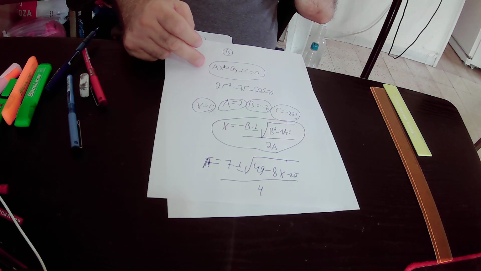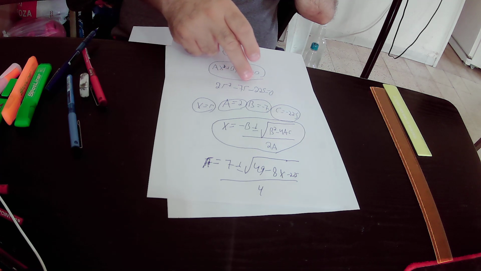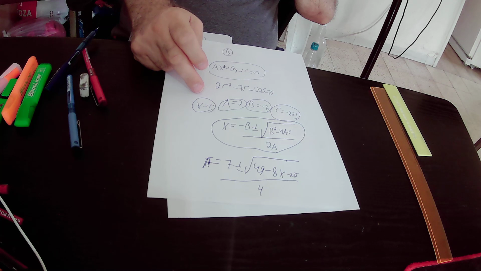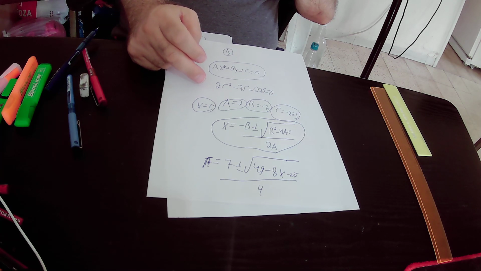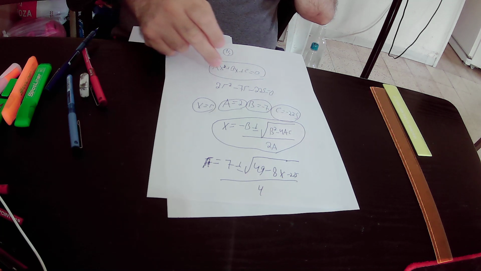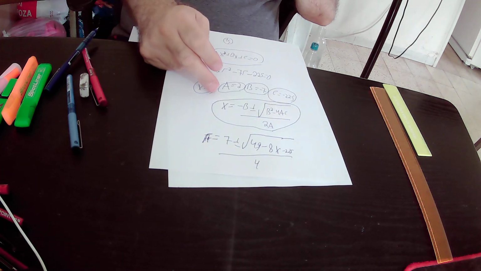The coefficients are a equals 2, b equals minus 7, and c equals minus 225, when the variable x equals r. And we have the formula to find the variable of this quadratic equation.